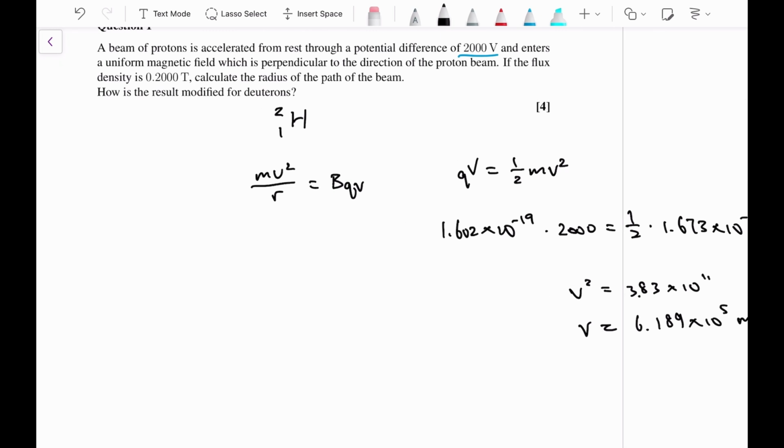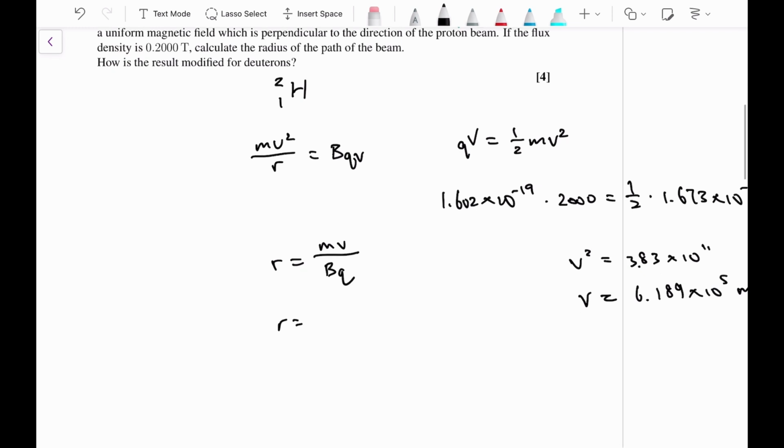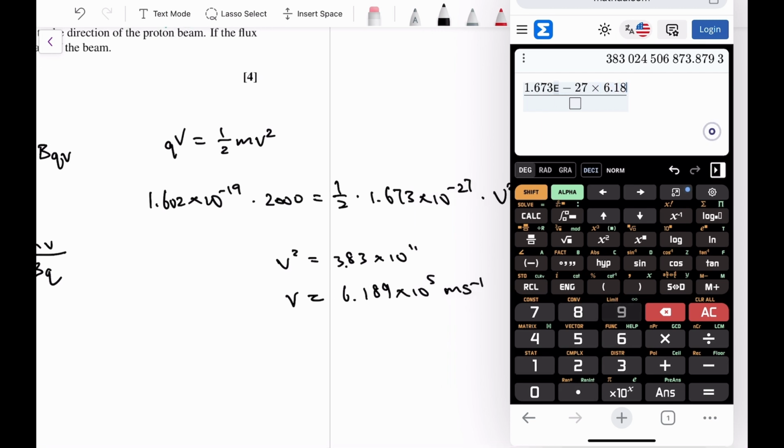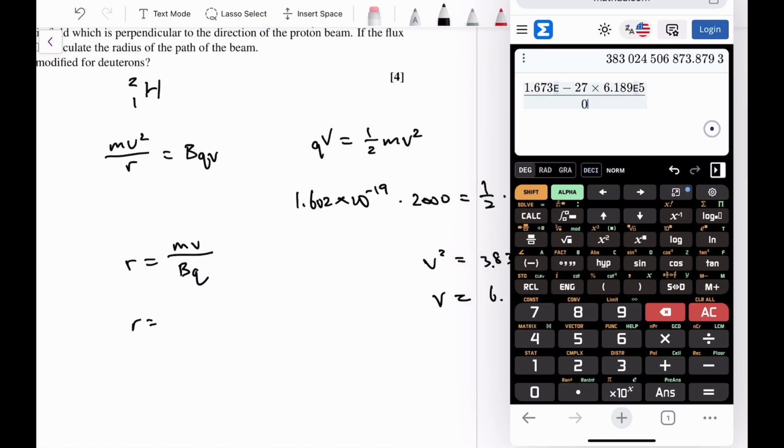Over here we can simplify the equation a little to make r the subject. The velocities cancel out, then you multiply by r on the other side and divide by BQ, so what's left is mv over BQ. Therefore r will be equal to the mass of a proton, 1.673 times 10 to the minus 27, times the velocity we calculated, 6.189 times 10 to the 5, over B, which is 0.2, times q, the elementary charge, 1.602 times 10 to the negative 19.